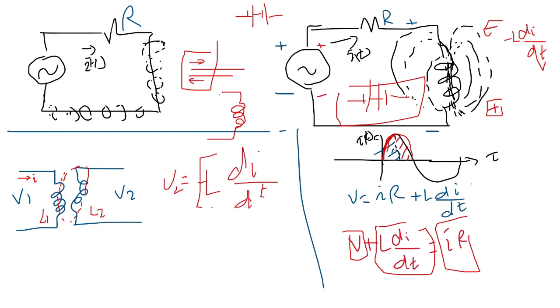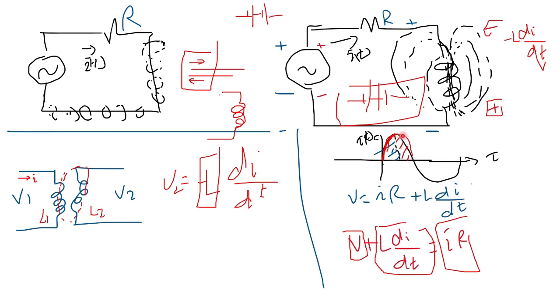L is the inductance of the coil, dI by dt is the rate of change of the current. The negative sign, as we said, means the generated voltage always opposes the change in the current. Here the current is increasing, so the voltage on the coil would be a voltage drop opposing the current, like the R opposing the current.